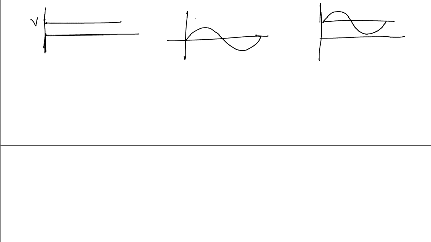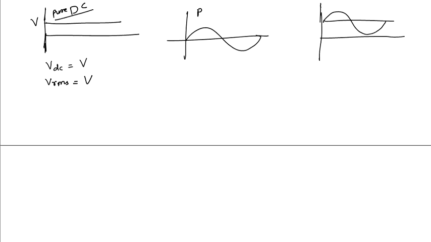For this signal, the DC value is defined as VDC equal to V, and the RMS value for this signal will also be this DC value V. This signal is called a pure DC signal.